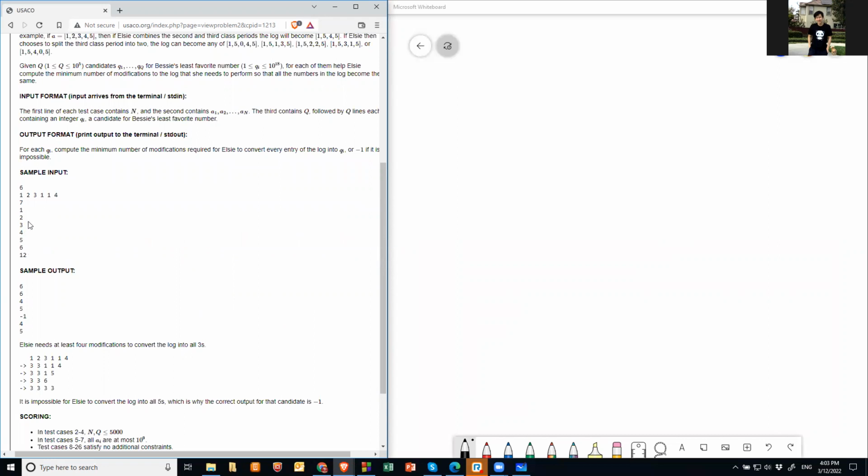So for example, you have 1, 2, 3, 1, 1, 4, and let's say your target number is 3. The first thing you can do is merge the first two numbers together, so it becomes 3, 3.